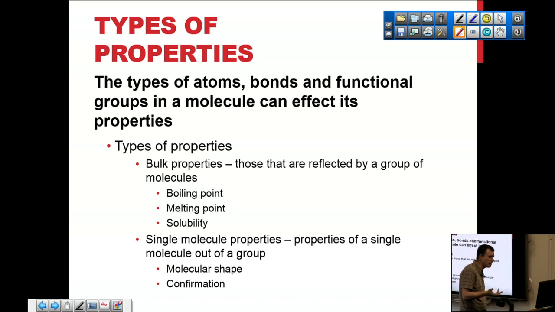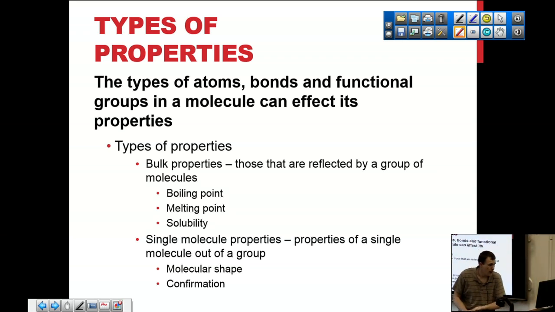I break physical properties, or properties in general, into 2 broad categories. First, bulk properties, and these are properties reflected by a group of molecules. So that's mainly boiling point, melting point, and solubility. And then I have single molecule properties.